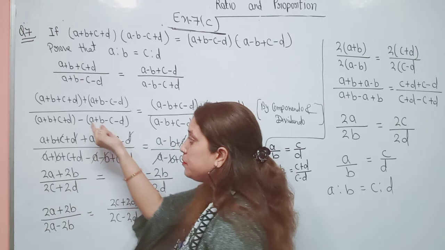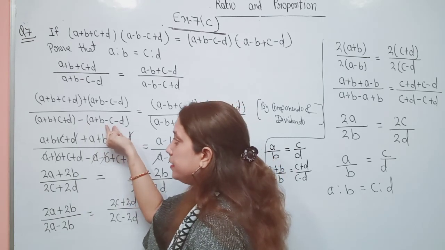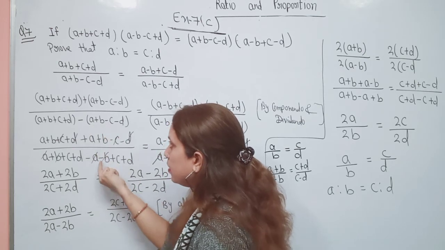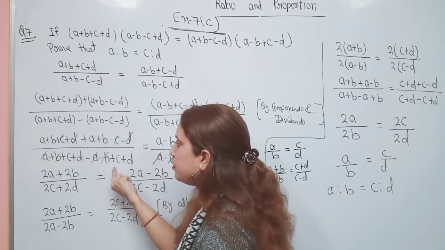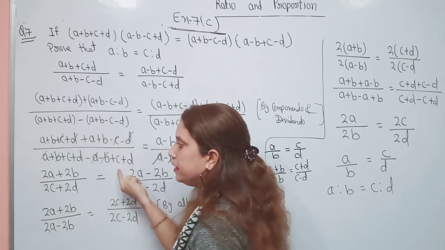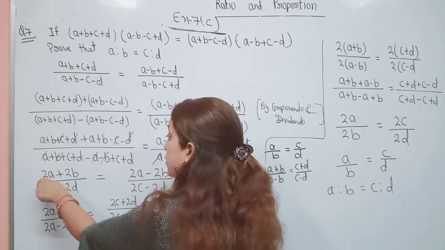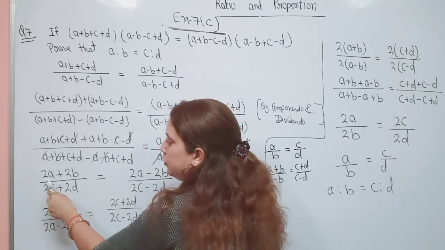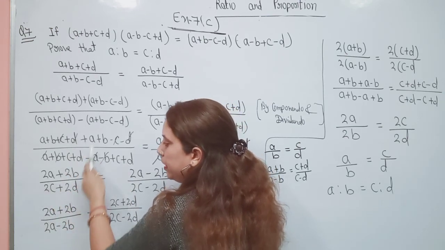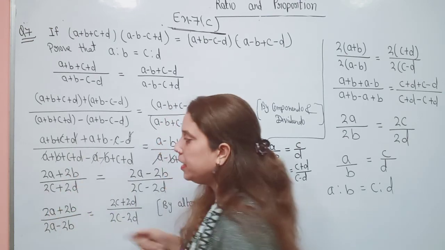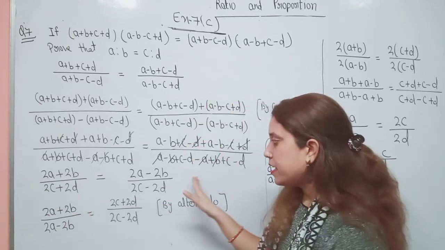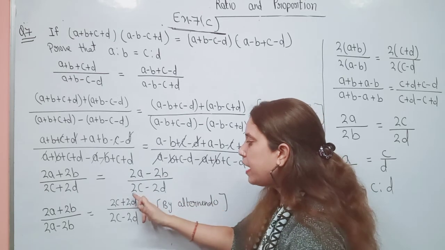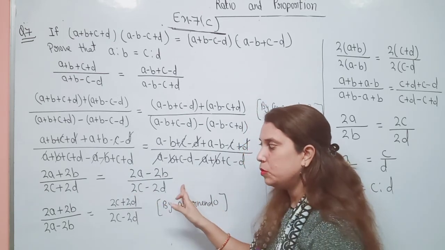Same as it is when we open the bracket in the denominator, so the sign will change, minus will be plus and plus will be minus. So positive and negative cancel, positive b and negative b cancel. What will be left? 2a plus 2b in numerator and 2c plus 2d in denominator. Same, and right hand side 2a minus 2b in numerator and 2c minus 2d in denominator.